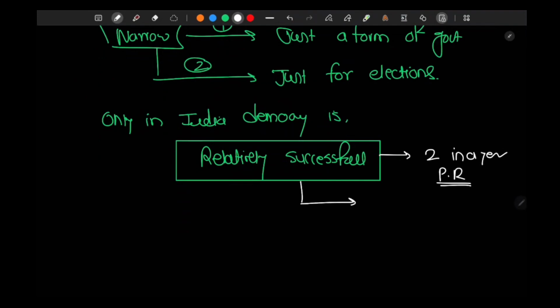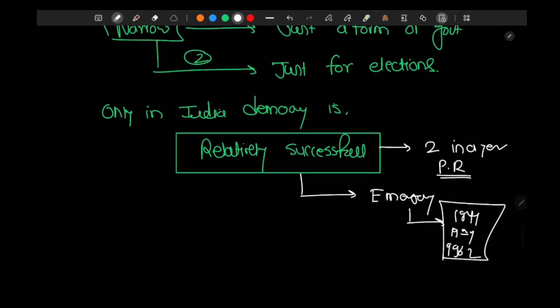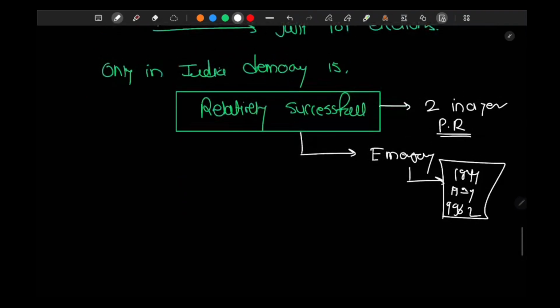There is also an emergency provision in the Indian constitution. Emergency was imposed in 1962, 1971 and 1975, and removed in 1977. Thrice it was imposed. So it is not fully successful because there are elements in the Indian constitution itself which can take away principles of democracy.